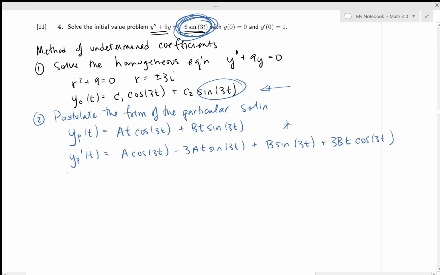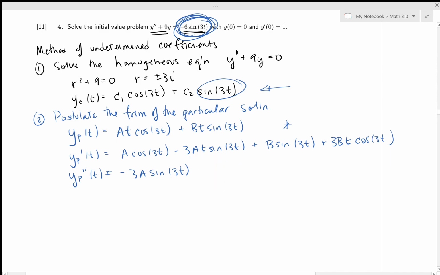Take the second derivative. Let me slow down slightly here.